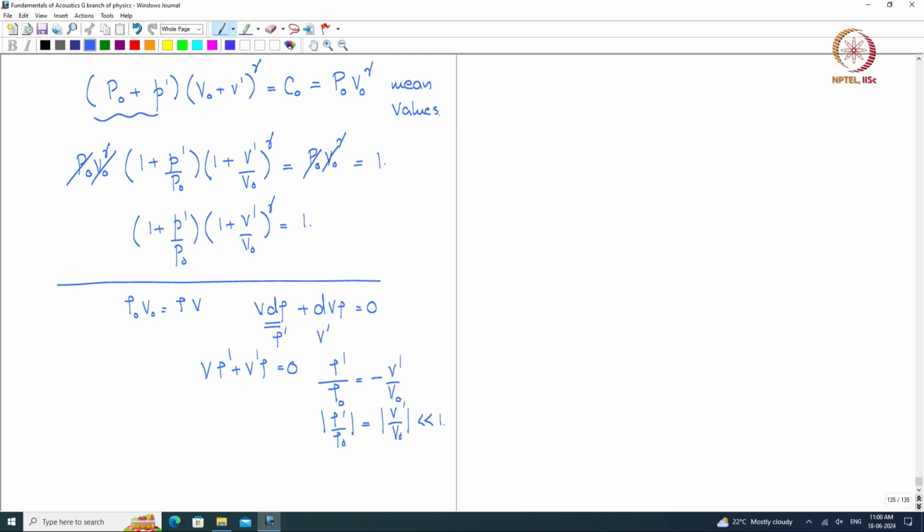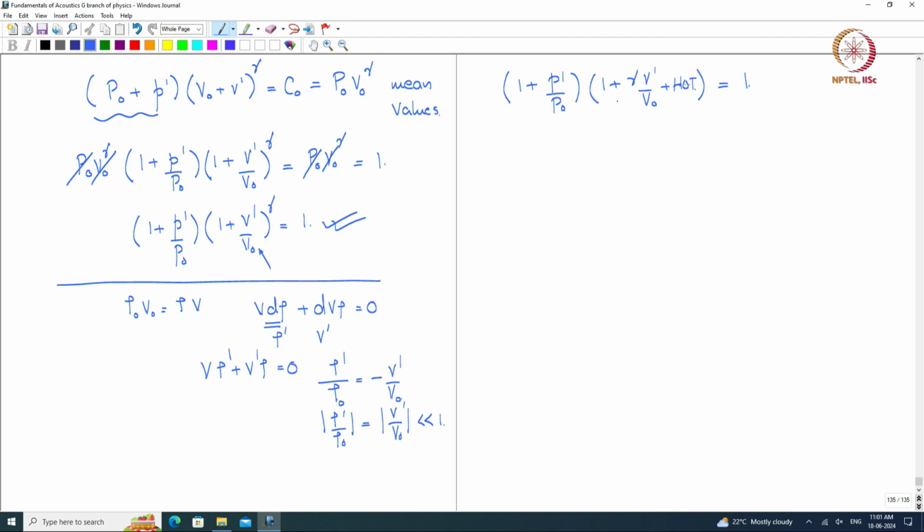Okay. If that is the case, then I can use an expansion over here. I can make this 1 plus P dash by P0, and if this is a small quantity, I can make it 1 plus gamma V dash by V0 plus higher order terms, that is equal to 1. Okay, HOT.